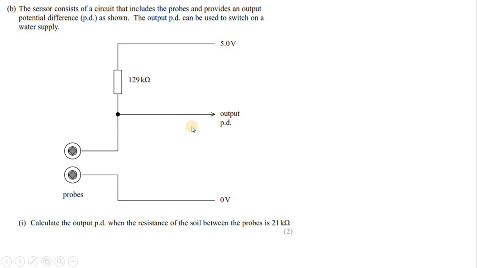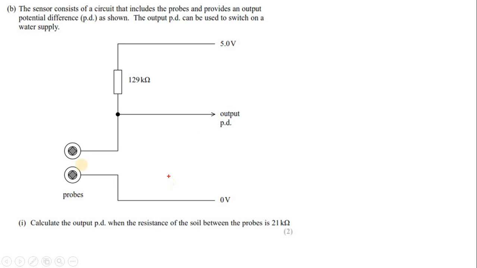The sensor consists of a circuit that includes the probes and provide an output potential difference as shown. The output potential difference can be used to switch on a water supply.